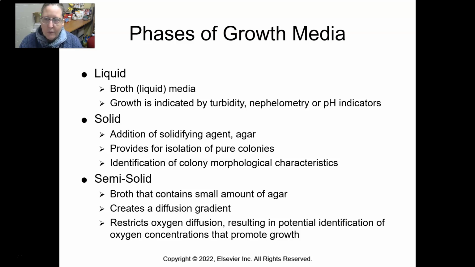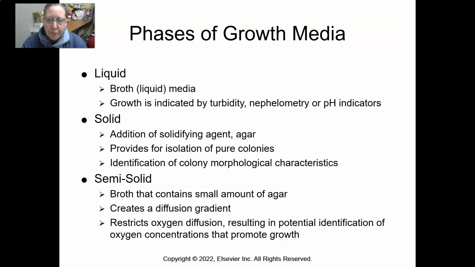And if there are bacteria growing in the media, it is turbid or cloudy. So with automation, you can use turbidity measurement, turbidimetry, looking for cloudiness, nephelometry, which looks for light scatter, or you can use pH indicators indicating that there's metabolism going on, and that can cause a color change that indicates bacteria.